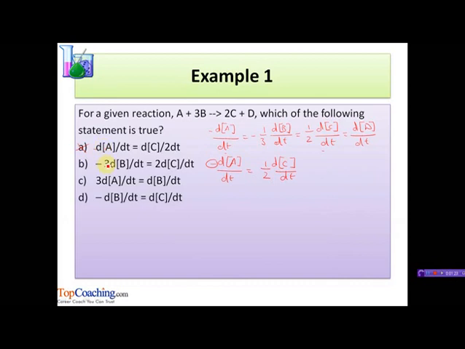Let's come to the second choice. Minus 3 dB upon dt is equal to 2 dC upon dt.